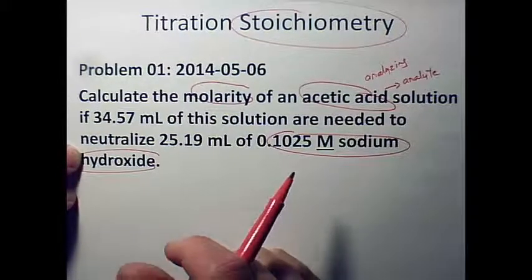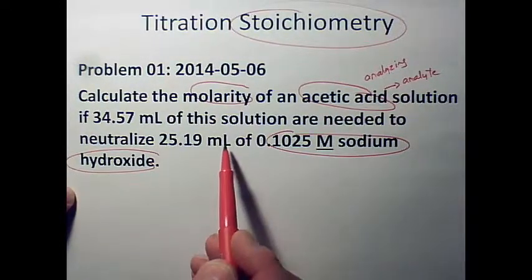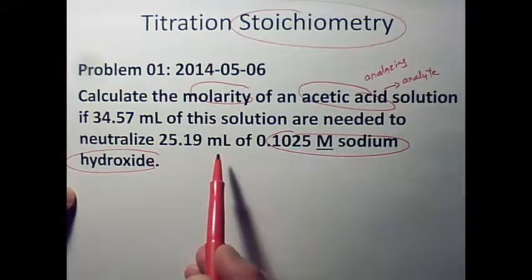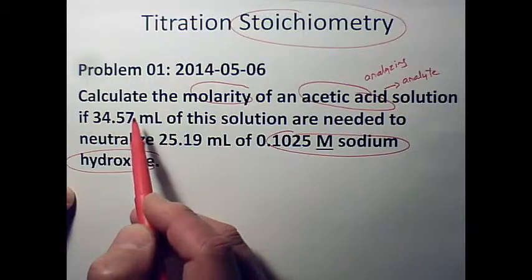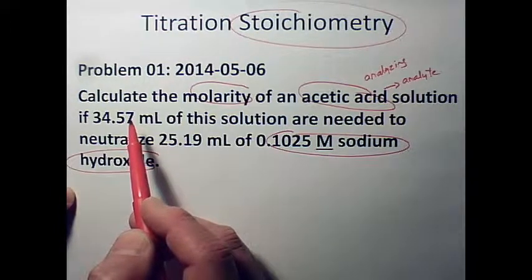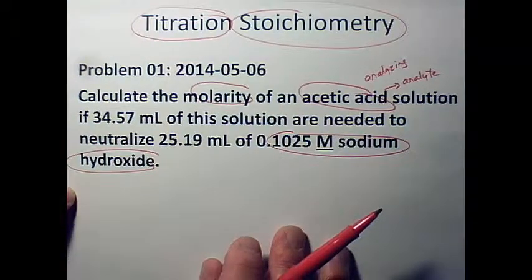Okay? Now this process of putting an amount of solution whose concentration we know into a solution whose concentration we don't know to find the concentration of the other species, that's called titration. Okay?